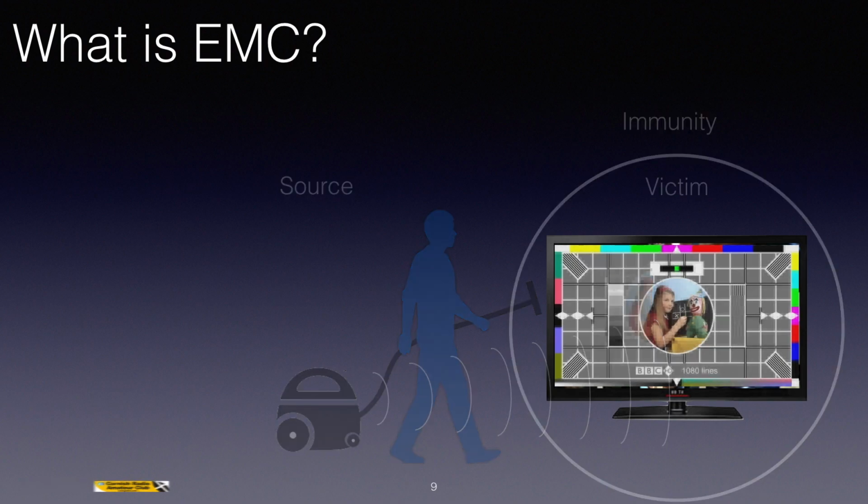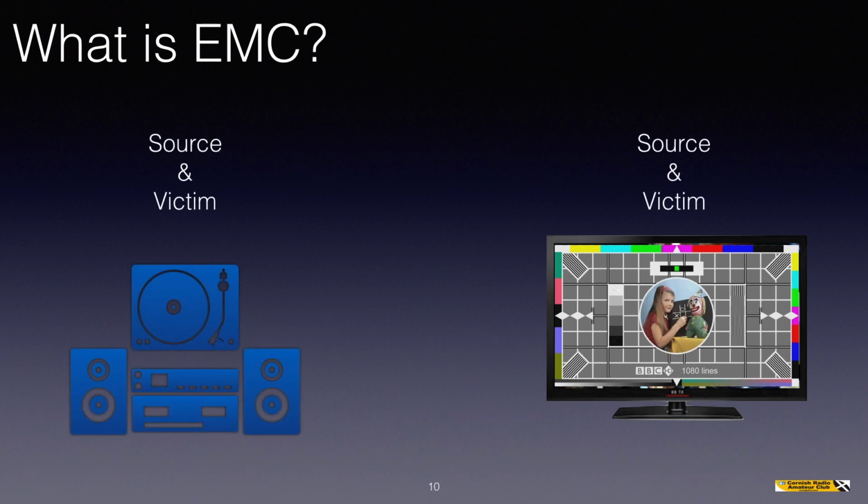Well, of course, it's not always as simple as simply having a source and a victim. Sometimes things can be both at the same time. Here we have a hi-fi setup and a television setup. And the hi-fi radiates EMC. That could be, for example, the local oscillator of the FM receiver. It could be from other electronic items in the hi-fi.